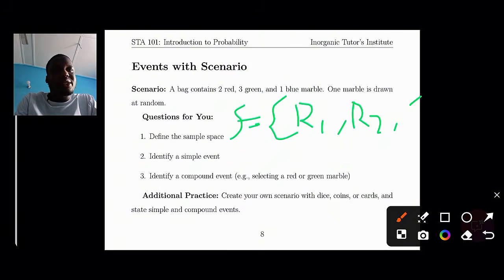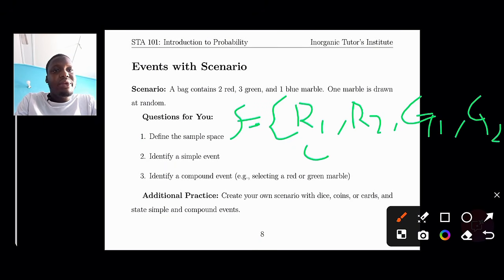Then G1 to represent the first green marble, G2 the second green marble, G3 the third green marble, and B to represent the blue marble. So that's what I mean. You treat each marble distinctly. You don't combine them and just use R to denote the two of them.